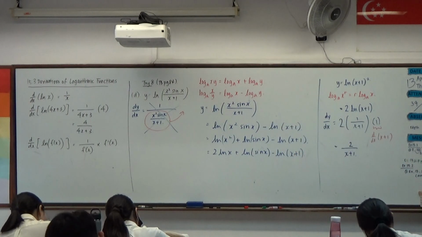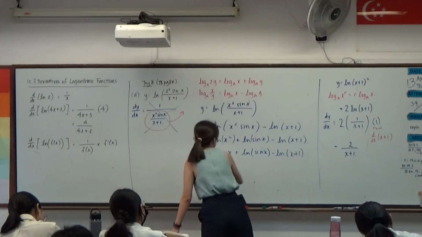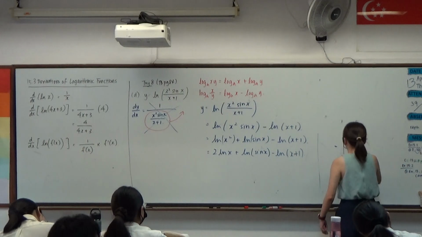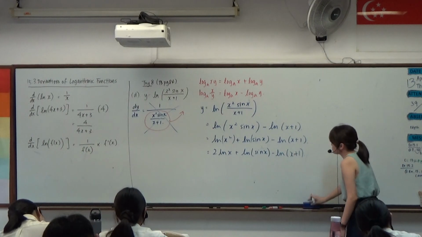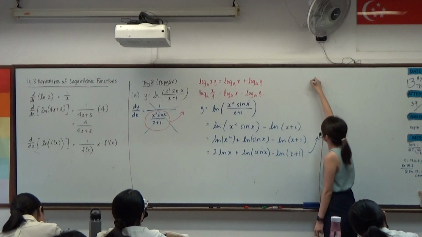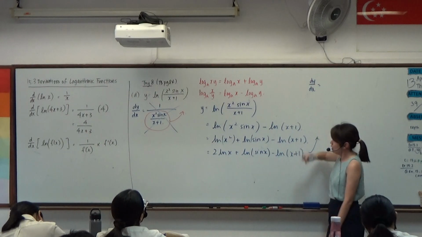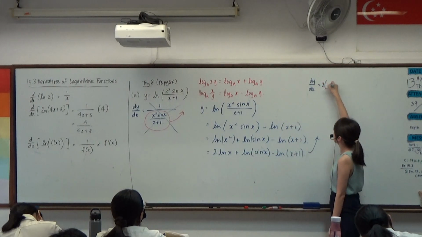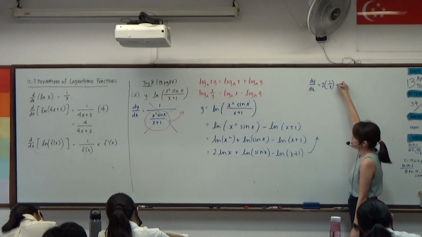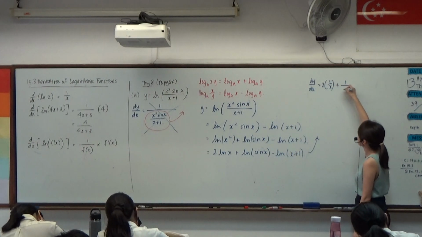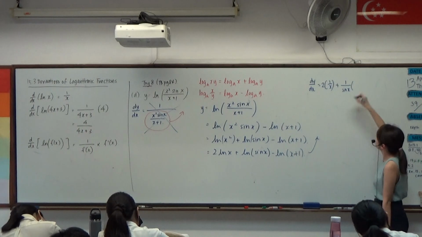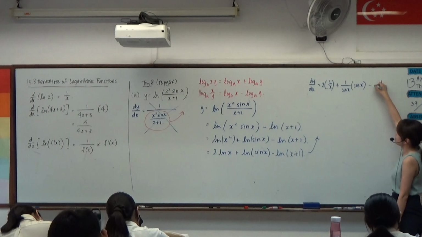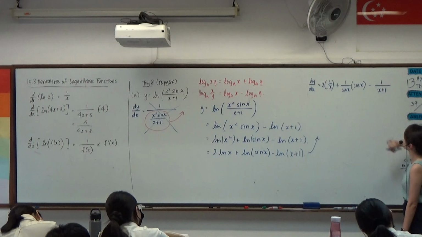Okay. Being able to simplify it to this extent will definitely help us in terms of our differentiation. Because to now differentiate, we will differentiate one by one. So 2 ln x will be 2 and 1 over x. Ln sine x will be 1 over sine x, followed by the differentiation of sine x, minus 1 over x plus 1.